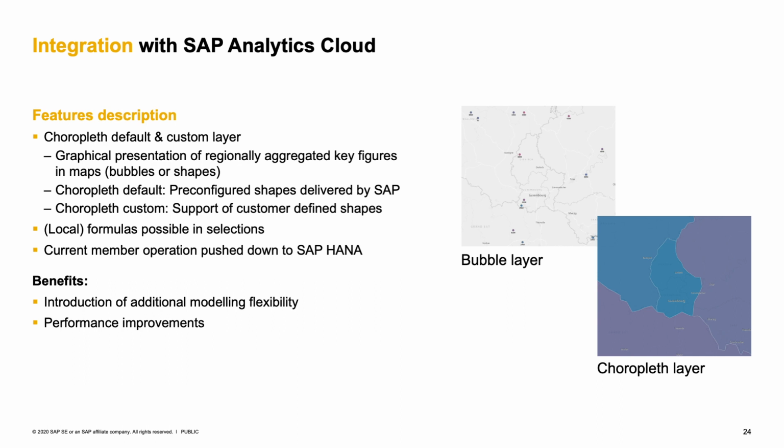What is new here now is that you also have the possibility to define your own customer-specific layer. For example, if you want to use your color codes from your corporate identity guidelines, you can really customize now the Choropleth layer accordingly, according to your corporate identity.